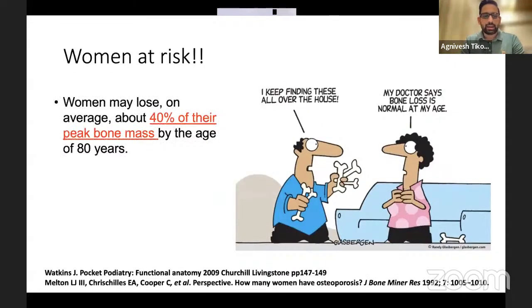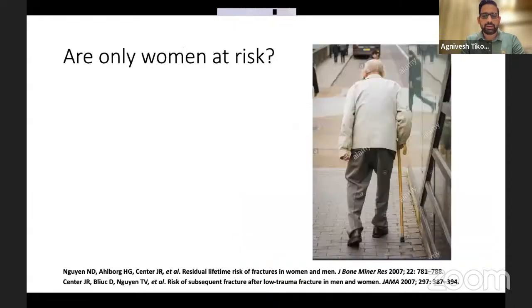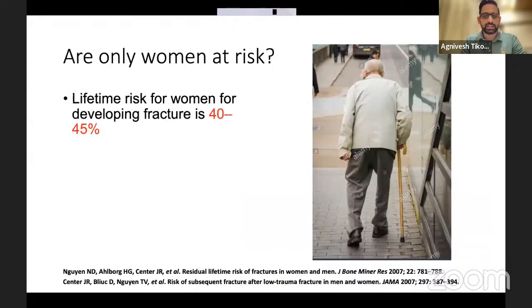And females are at higher risk of losing their peak bone mass as compared to males. But the second fracture risk in a male is similar to a female, which means if a male suffers an osteoporotic fracture, his tendency to suffer a second osteoporotic fracture is similar to a female.